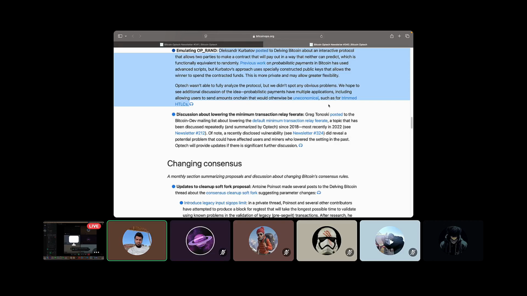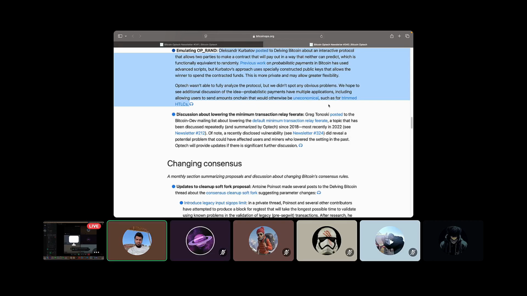Previous work on probabilistic payments in Bitcoin has used advanced scripts, but Kurbatov's approach uses specially constructed public keys that allow the winner to spend the contracted funds. This is more private and may allow greater flexibility. Optech was unable to fully analyze the protocol, but we didn't spot any obvious problems. We hope to see additional discussion of the idea.